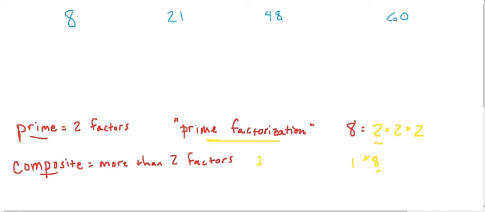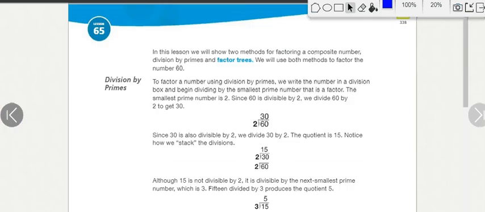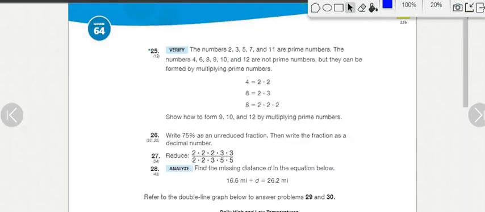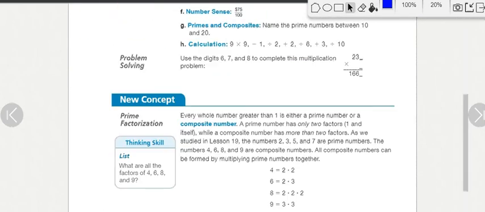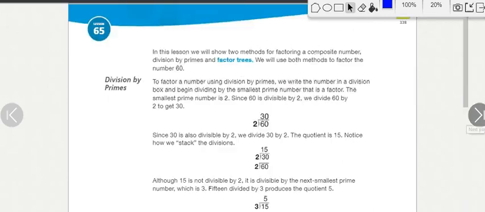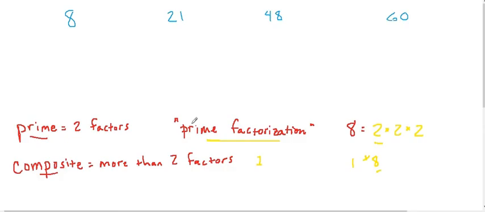But as the book says, every whole number greater than 1 is either prime or composite. Okay, so 1 is kind of its own crazy category. And then all other numbers are either prime or composite.